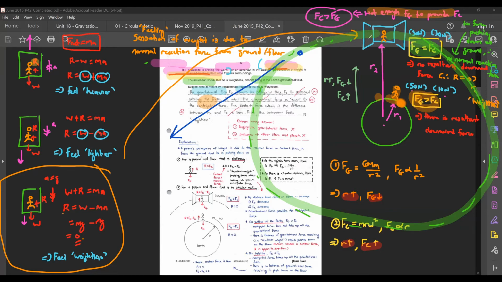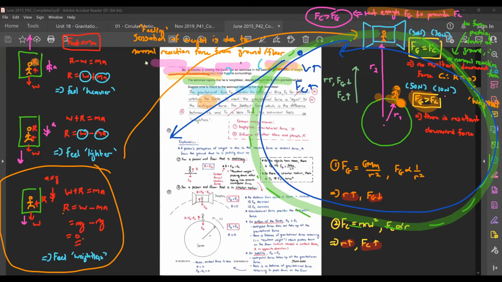So if let's just say your satellite moves in a circle like this. If it moves very fast, so that Fc increases, it will come to a case where centripetal force is no longer equal to gravitational force. It's now more than your gravitational force. What is required is more than what gravitational force can provide. So you don't have enough centripetal force. You will not be able to move in a circle.